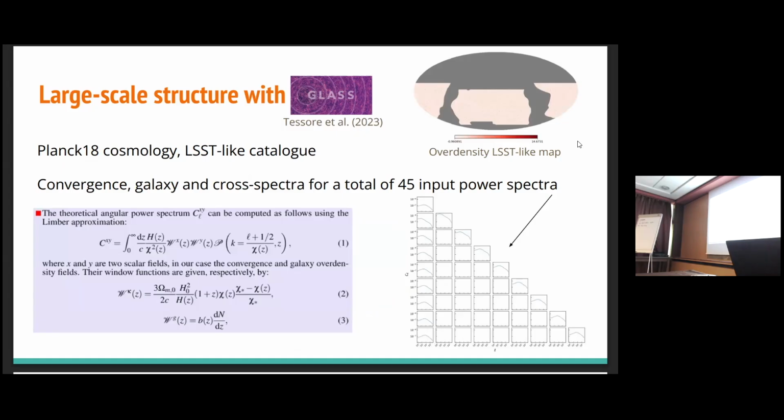As you can see in the bottom right, maybe it's a bit small, but in the central part you have galaxy-galaxy cross correlations, which are assumed to be zero, of course, in the case of true redshift. The fiducial power spectra are computed with the Limber approximation here in equation 1, with obviously different kernels for convergence and galaxy power spectra. Here on the top right, you can see what an overdensity map looks like in an LSST-like catalog.